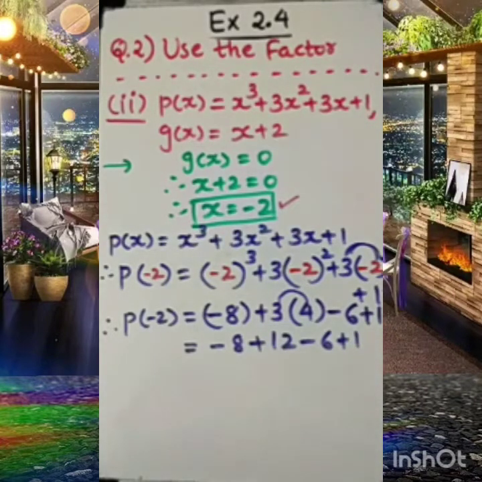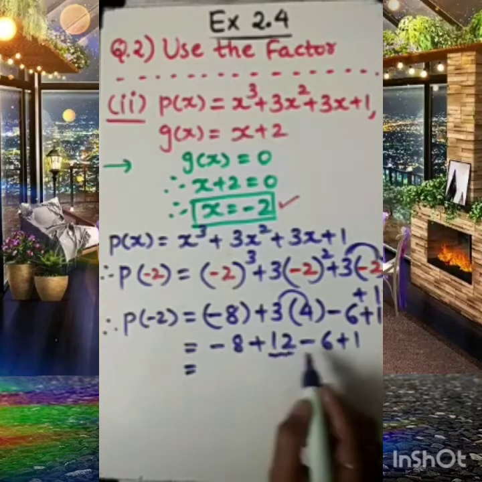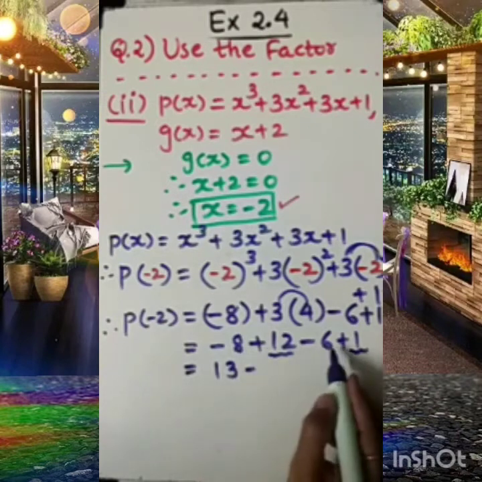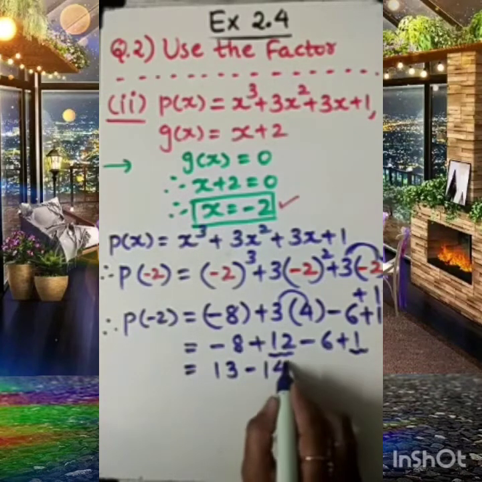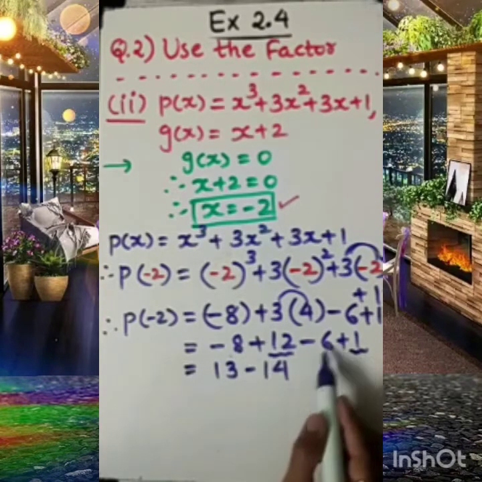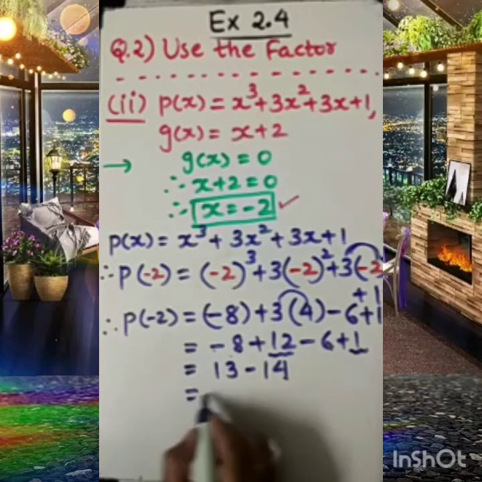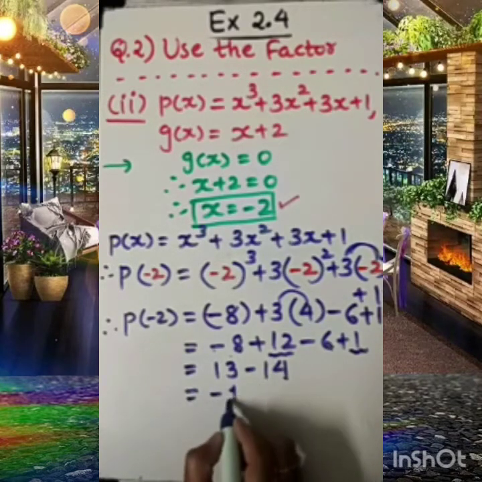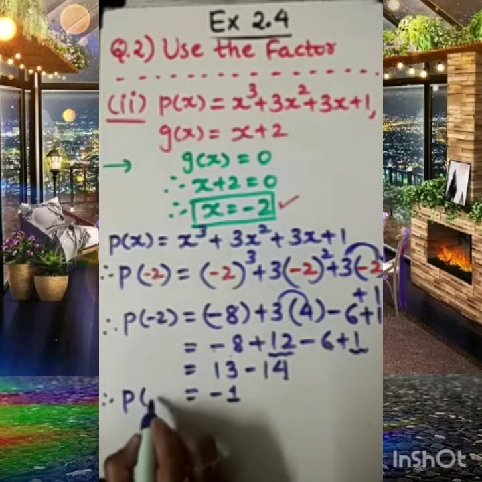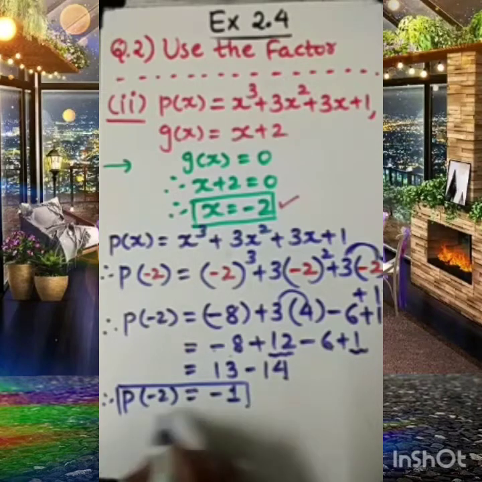Fine. So, which numbers are positive? 12 plus 1, that is 13. Minus 8 minus 6 is minus 14. Same sign, addition: 8 plus 6 is 14 along with the minus sign. So 13 minus 14 is minus 1 only. So the value of p(minus 2) is equal to minus 1.